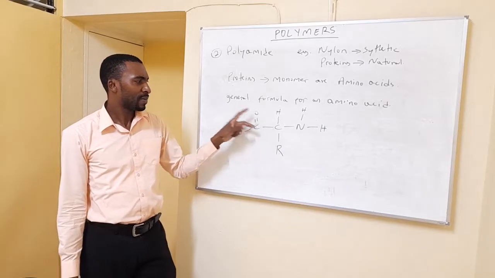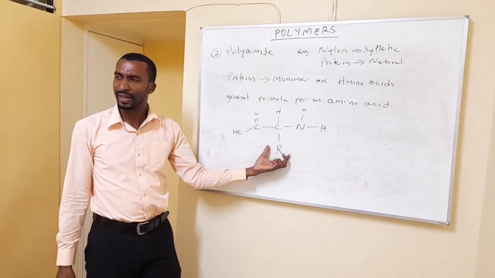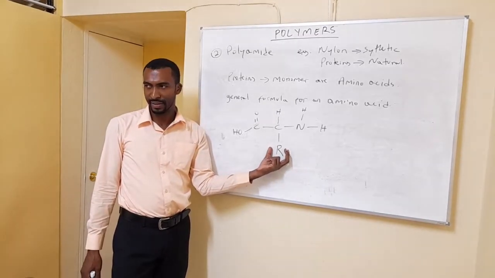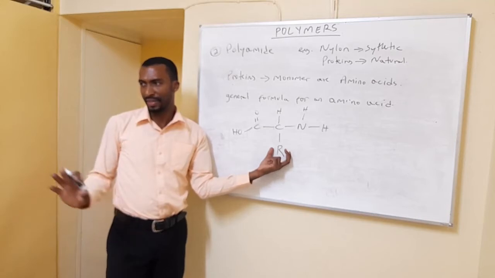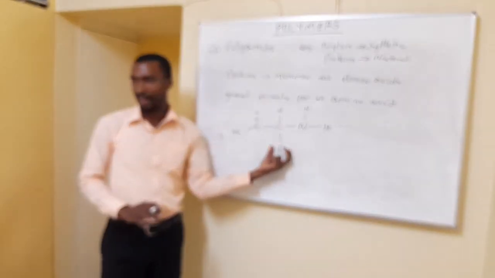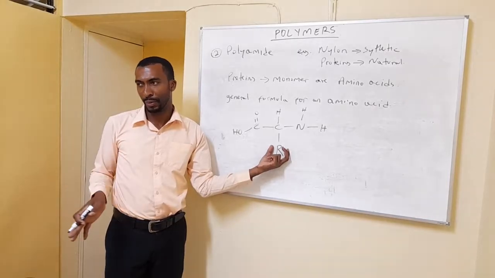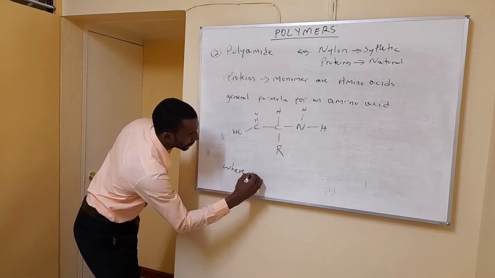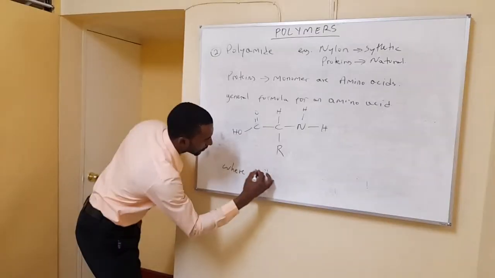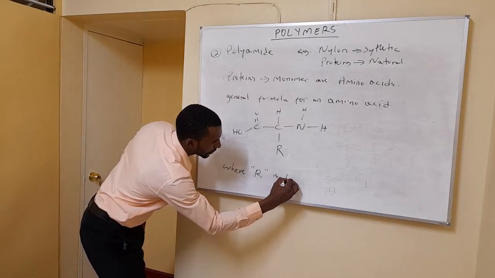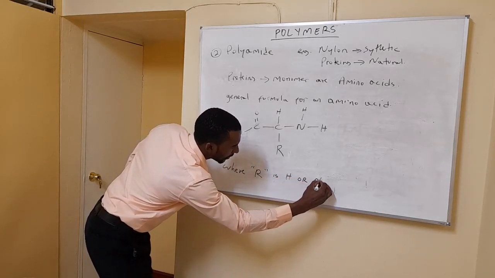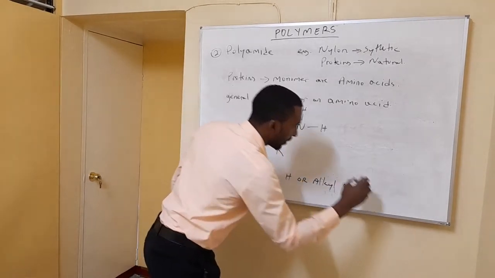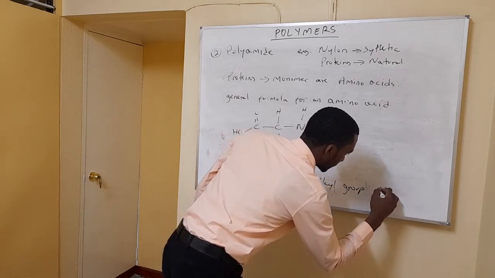If we move from one amino acid to the next, we have about 20 amino acids. The only difference in the amino acids would be R. R can be hydrogen or a hydrocarbon, an alkyl, or another functional group.